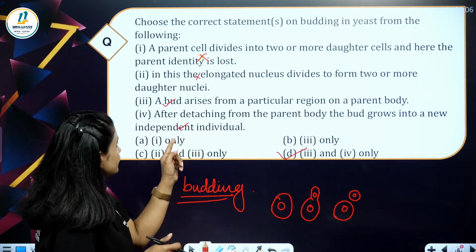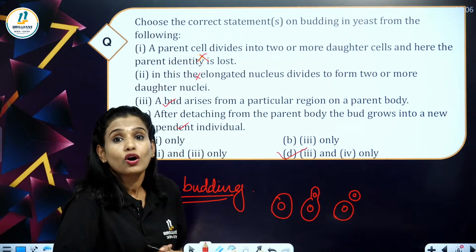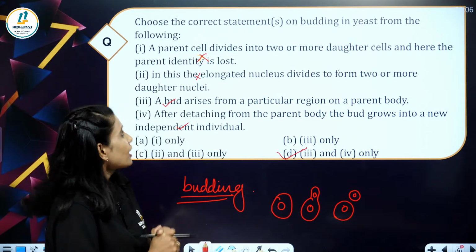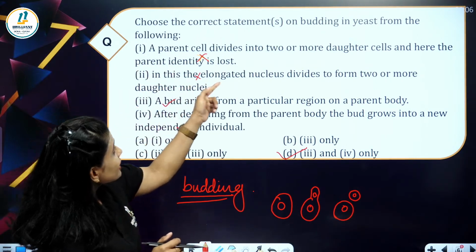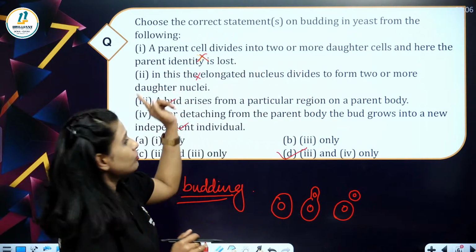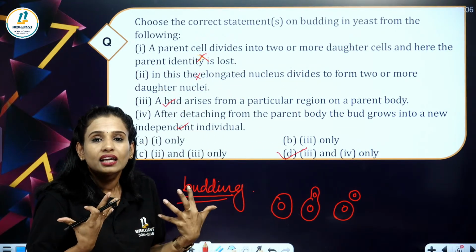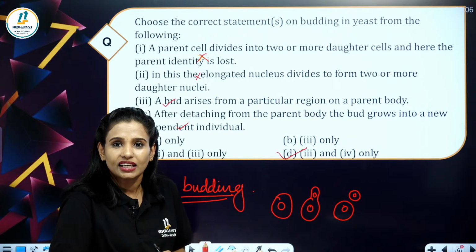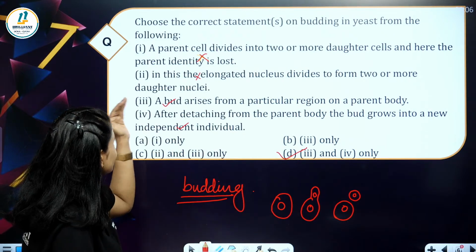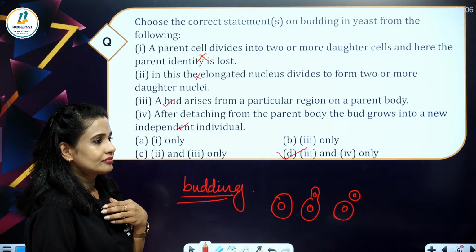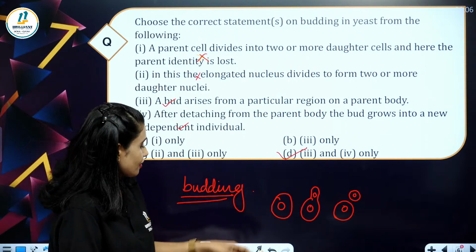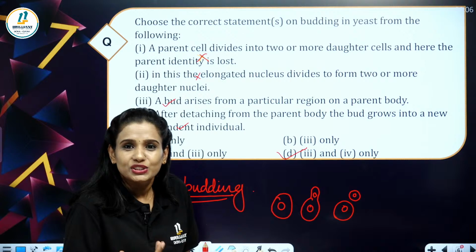Now see the statements, these are about budding. You have to select the correct statements about budding in yeast. So the correct option is the third and fourth one. Okay, let's do the next question.